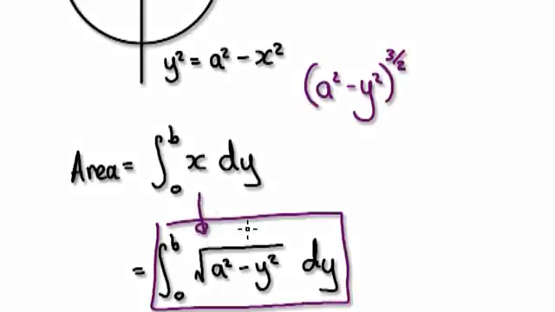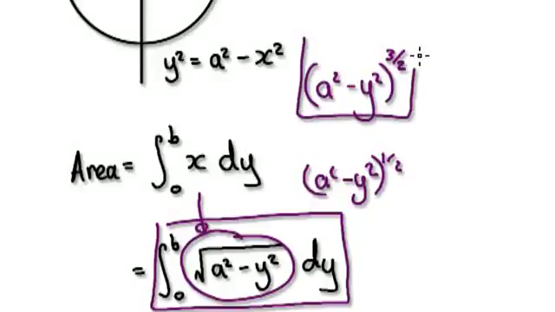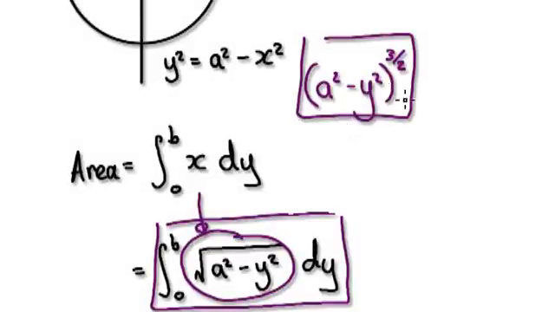Our knowledge is not good enough, because if we try to integrate this, our normal routine would be to rewrite this as a squared minus y squared to the power of a half. So if we want to try and integrate it, we would make this our initial guess. But when we differentiate it, it would give us this.